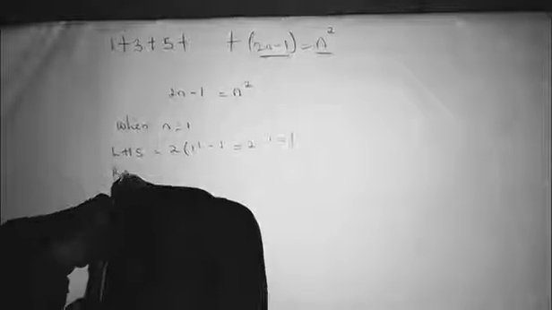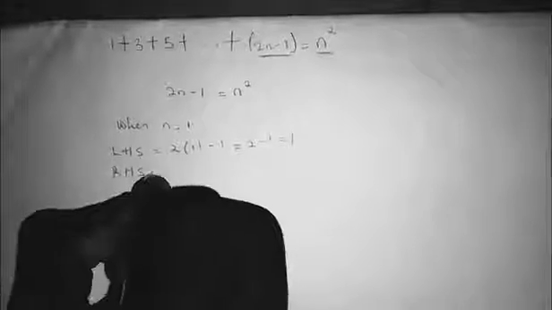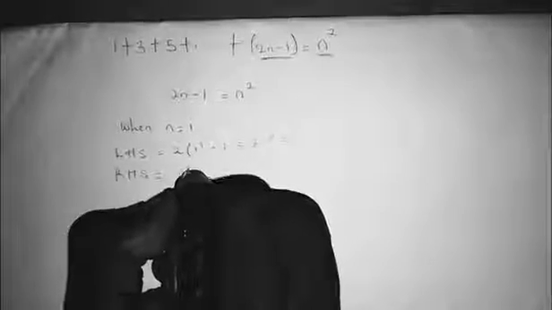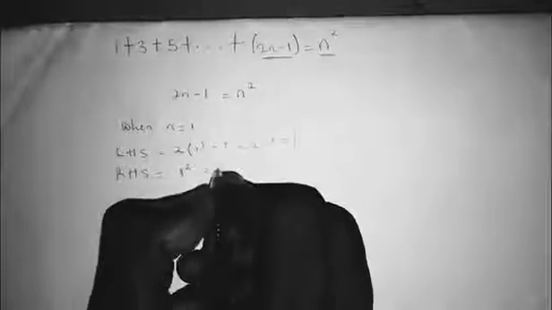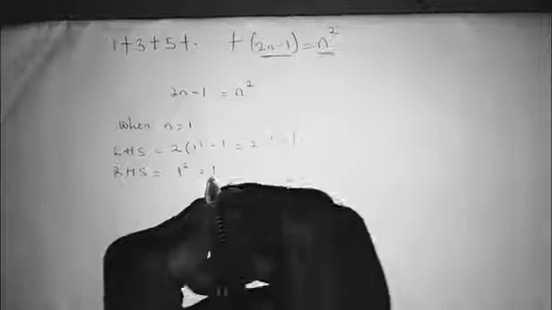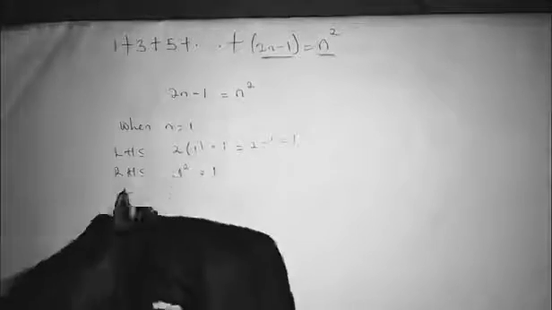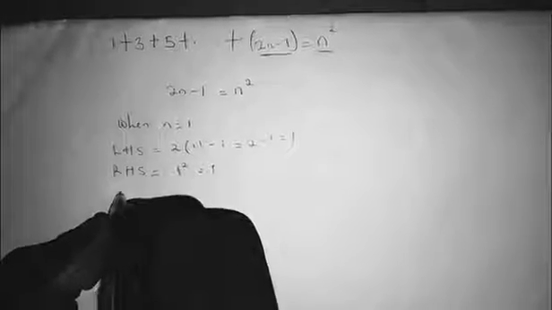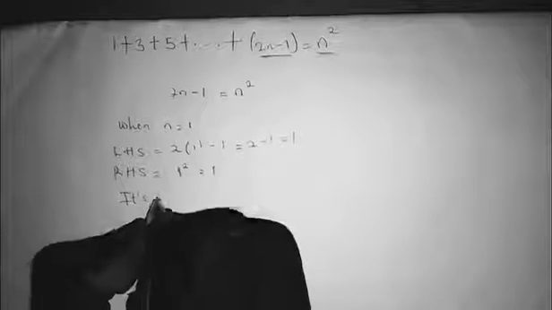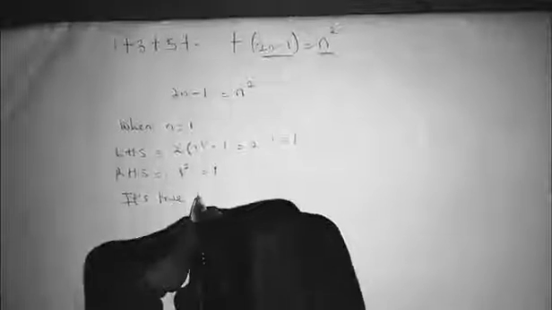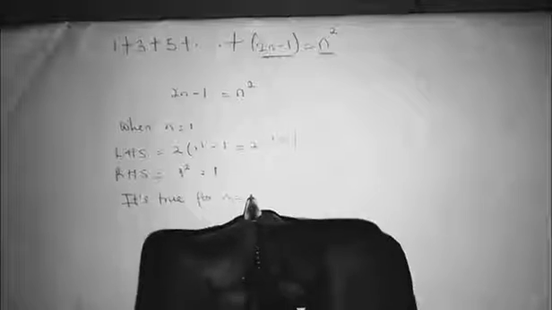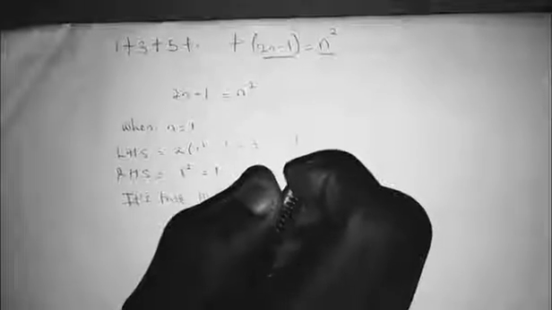For the right hand side, we have 1 squared, which gives 1. So 1 is equal to 1. Therefore it is true for n equals 1.